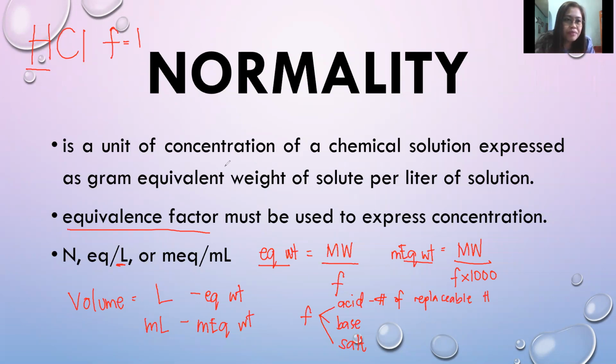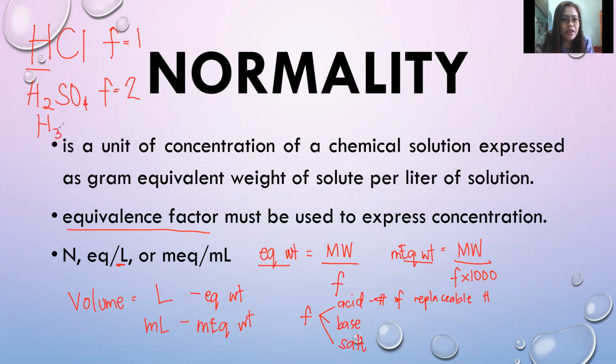And then, another example, you have your sulfuric acid, H2SO4. Again, sulfuric acid, we have H2SO4. So as you can see here, sulfuric acid has 2 hydrogens. So, ang F niya, syempre kay 2. Okay? That's how you identify the factor for an acid.